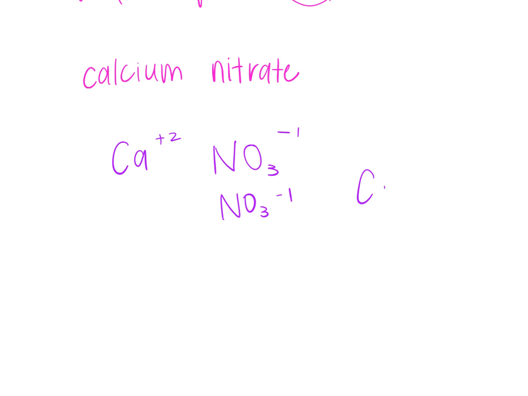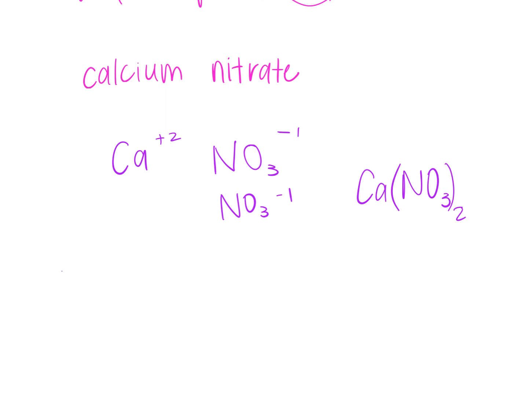I would have to put Ca, and I need 2 of those nitrates, which means I need to put nitrate in parentheses with a 2 on the outside to show that I need 2 of everything that's inside that parentheses. I can't put a 2 outside of it without parentheses. That doesn't make any sense. We have to put it in parentheses anytime we need more than 1 of a polyatomic ion.